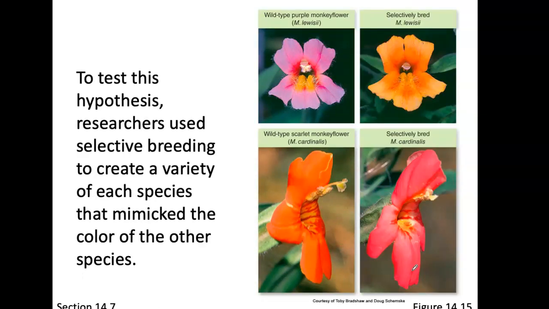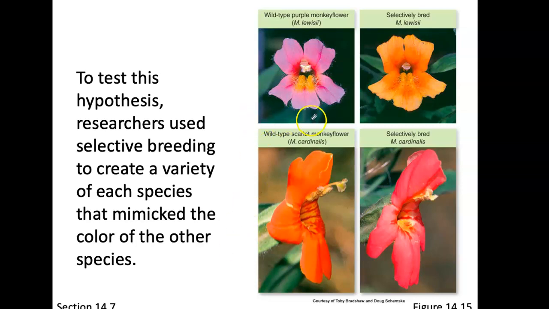So to test this hypothesis, they used selective breeding, which is what we do all the time. We want a cucumber that's crunchier, and we go selecting for crunchier and crunchier cucumbers and we backcross it to crunchy cucumber until we get a really crunchy one. So they did this, but what they did was they selectively bred each species so that it got closer to the color of the other one.